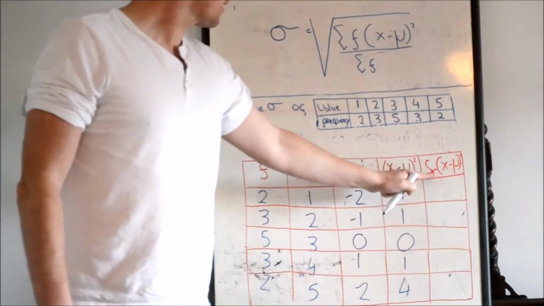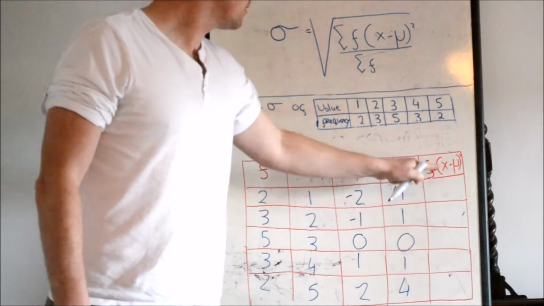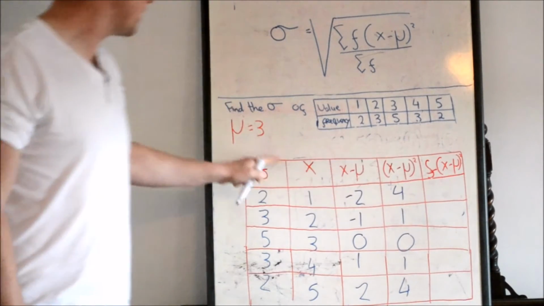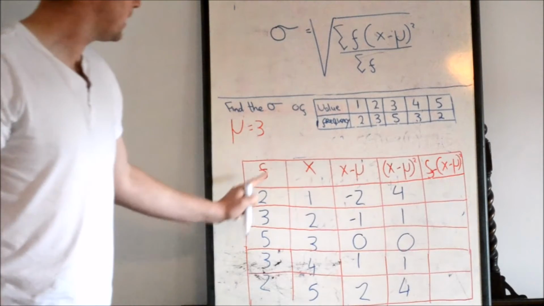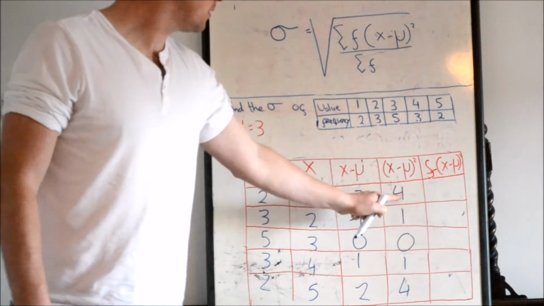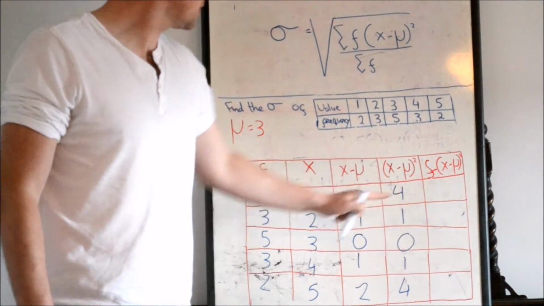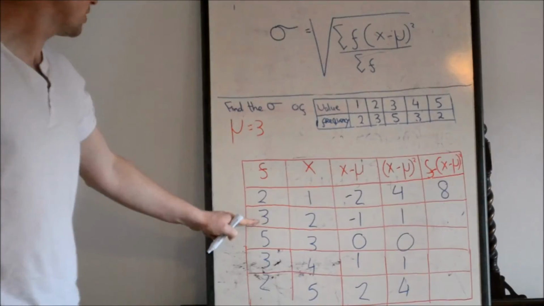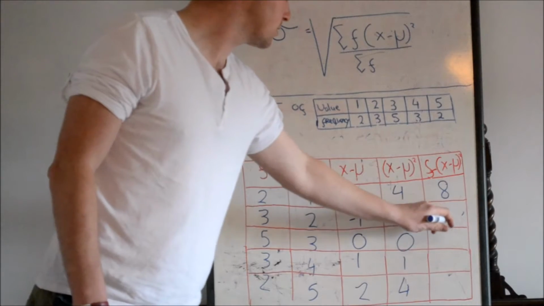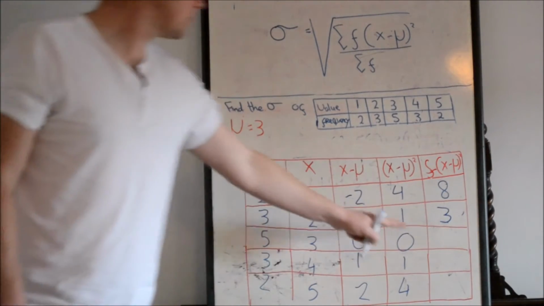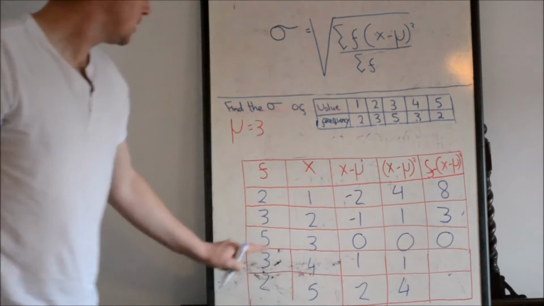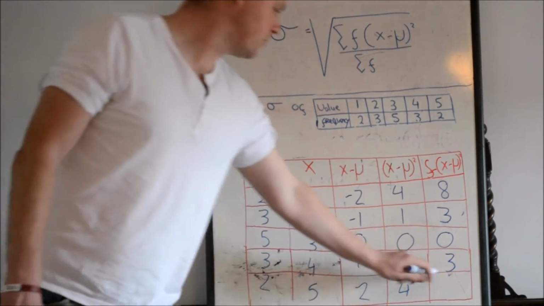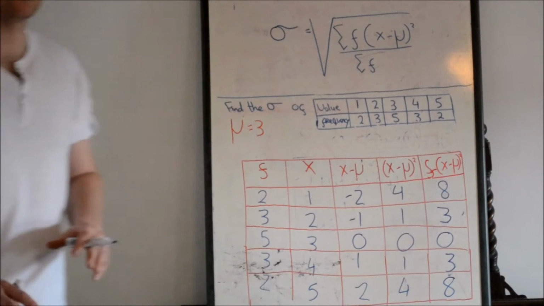So we just multiply the two: f multiplied by x minus the mean squared. 2 multiplied by 4 is 8, 3 multiplied by 1 is 3, 5 multiplied by 0 is 0, 3 multiplied by 1 is 3, and 2 multiplied by 4 is 8. So now our grid is done.